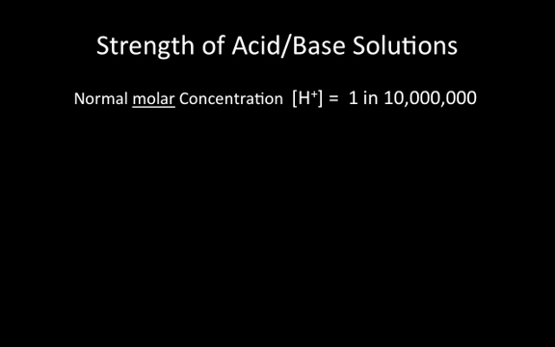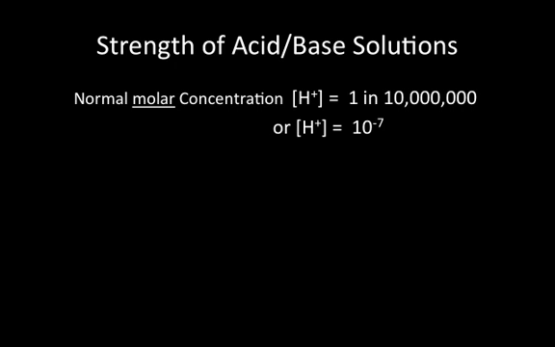All that you need to know is the concept of concentration. The normal molar concentration of hydrogen ions, and we usually denote molar concentration by using these brackets around the ion, is 1 hydrogen ion in 10 million for normal water.